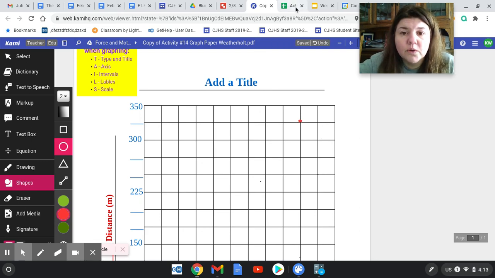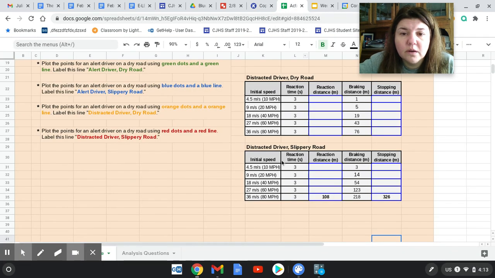So that would be one of my points for the distracted driver on the slippery road. You will have a total of 5 points for each data table. Again, you're graphing the initial speed and the stopping distance.